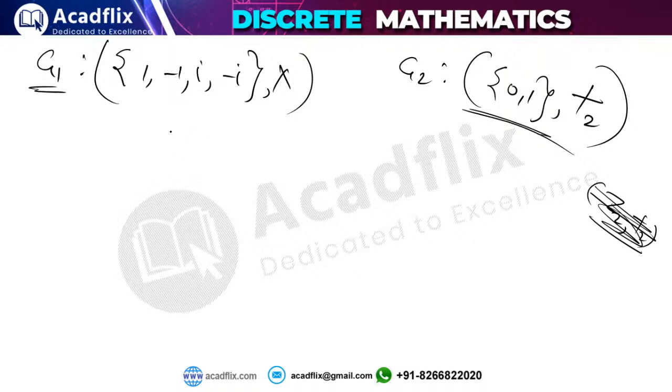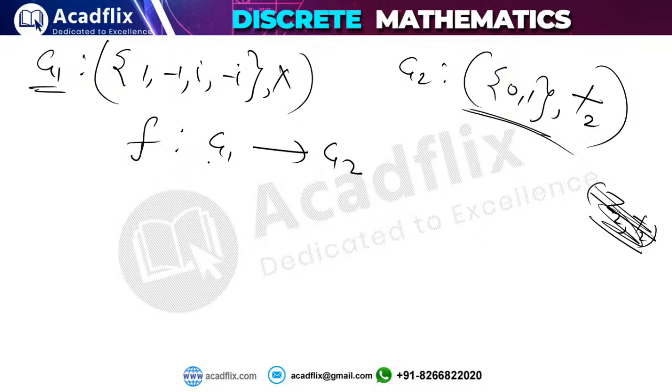Now I am going to give you a function f from G1 to G2. You only need to check whether this function is a homomorphism or not. So what is the function I am giving?